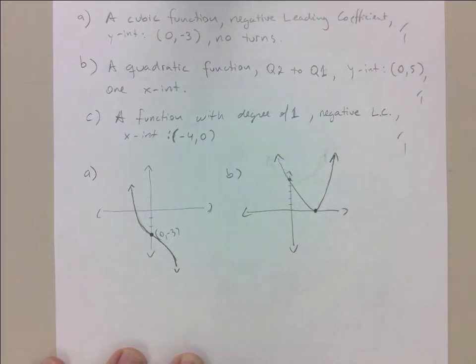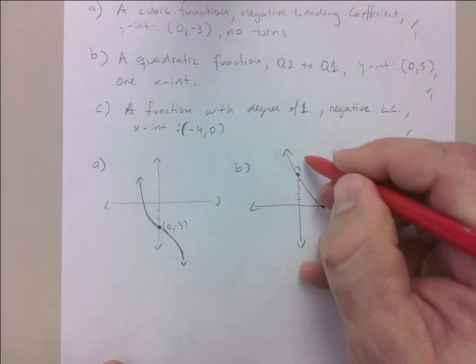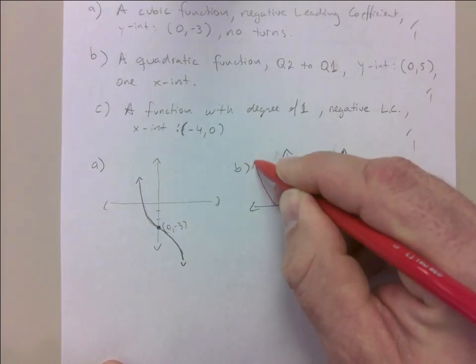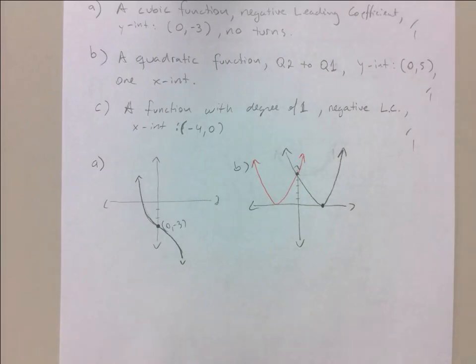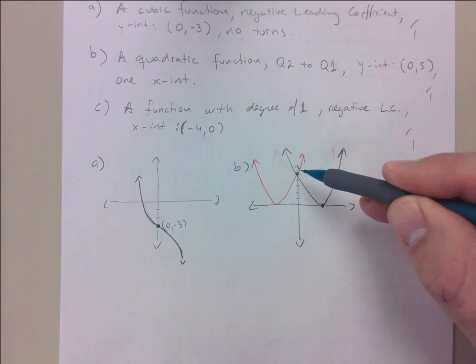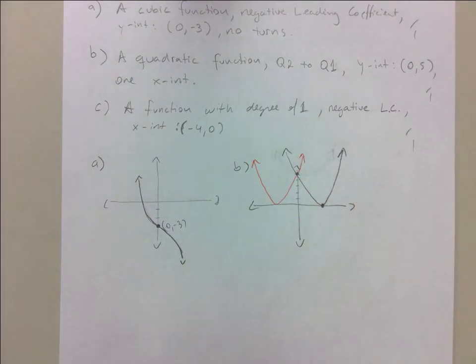That's what it looks like in my case. Maybe some of you did it this way. You came this way, touched it once, and then went back up. That is fine. The only requirement is it has to be pointing up, it only touches the x-axis once, and it goes through y-intercept 0, 5. Not asking for much, right?